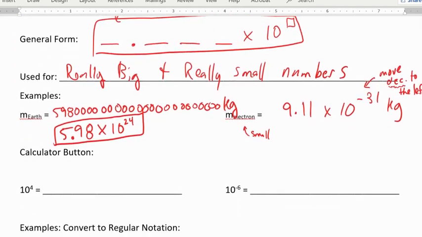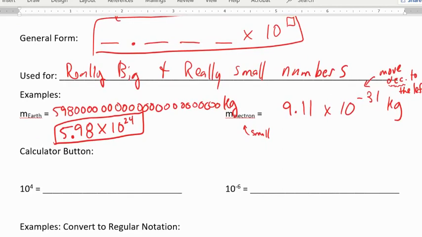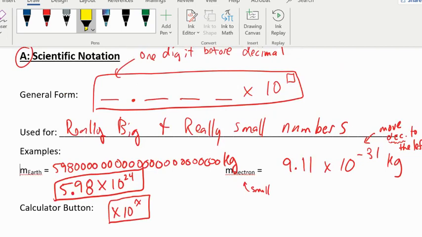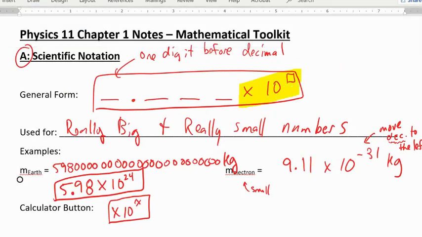First of all, on your calculator, you've got a button that represents times 10 to the power of something. Scientific notation always has times 10 to the power of something. I'll just highlight that up here. It's always going to be times 10 to the power of something.